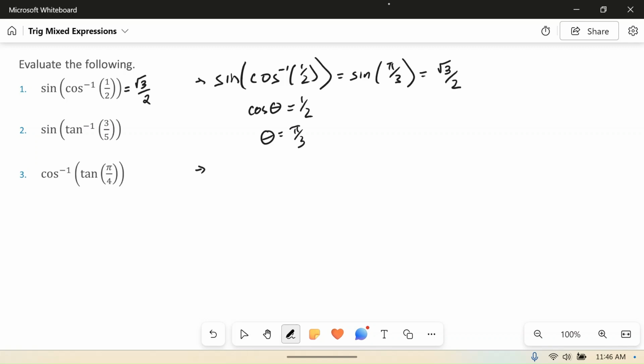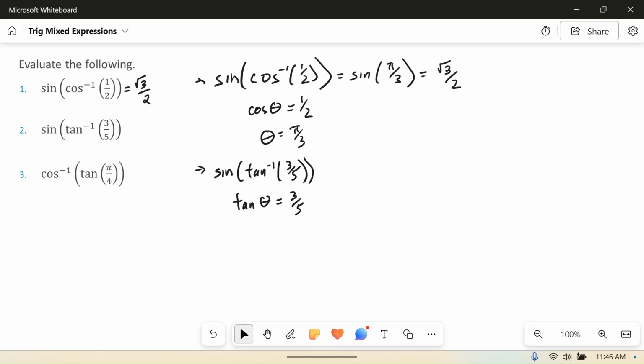For the second one, we have the sine of the inverse tangent of 3/5. When we think of the inverse tangent, remember that produces an angle. So we really want to solve the equation: the tangent of theta is equal to 3/5. Now notice that 3/5 is not one of our nice unit circle values.